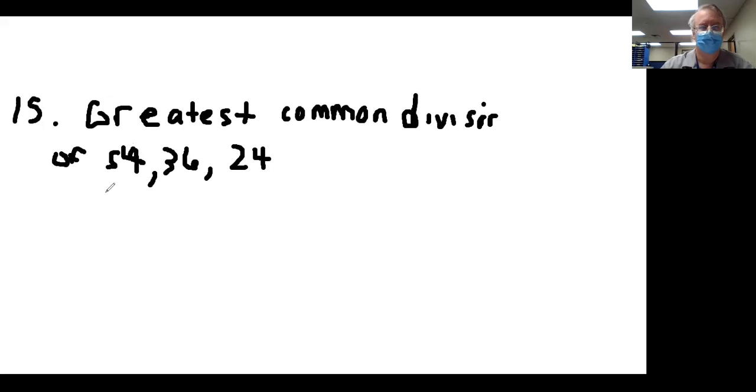What you want to do is find the highest number that will divide into all three evenly without any decimal points left over or anything like that. So 2 will definitely divide in all three. 8.